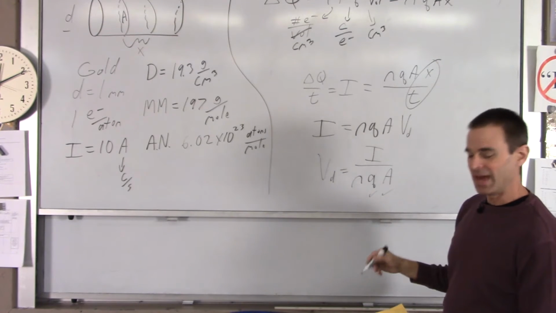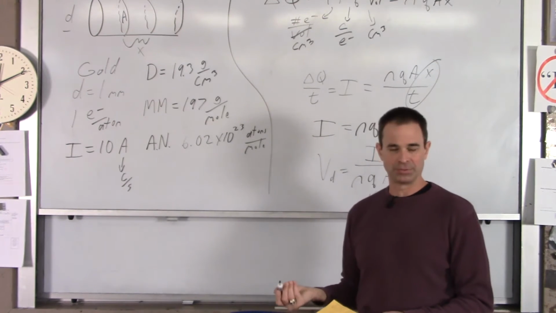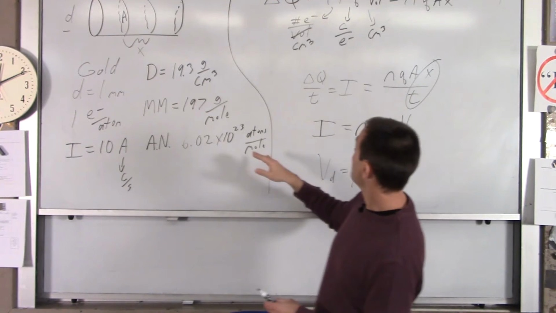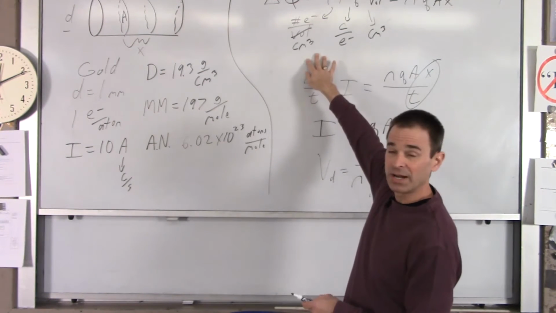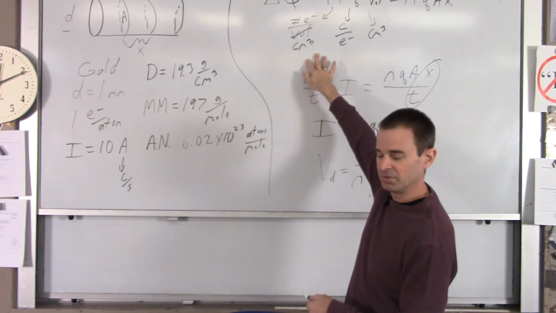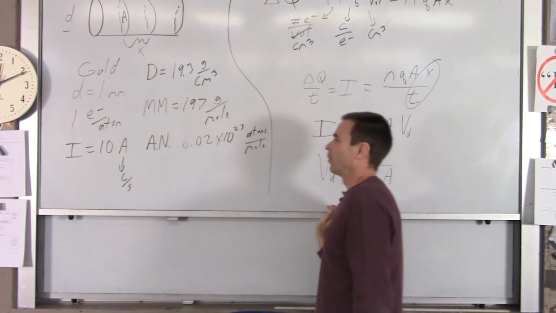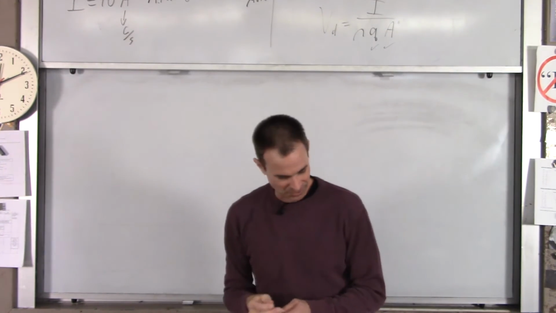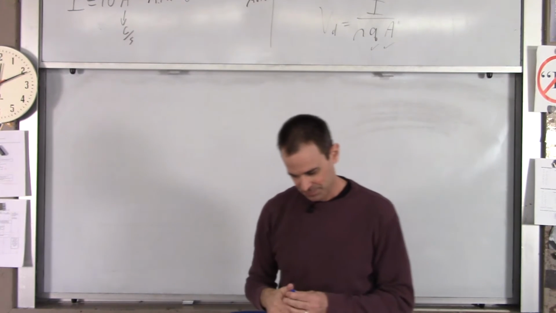It's N. N is the thing that takes a little while to figure out, and that's where our chemistry comes into play. N again is the number of electrons per volume, or in this case, the number of electrons per centimeter cubed. So we have to do a separate calculation for that. All right, so how do we do that?